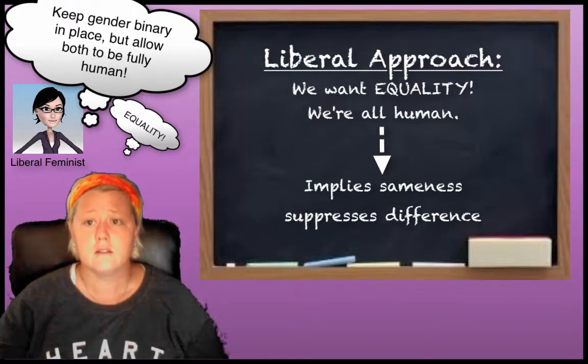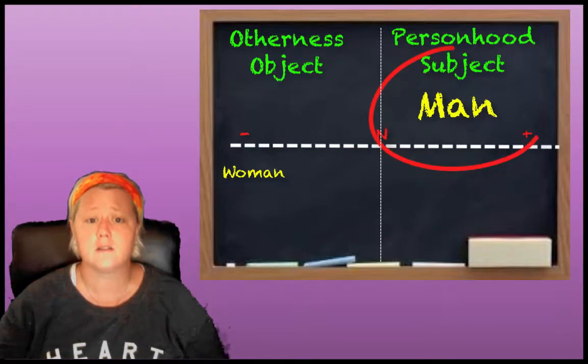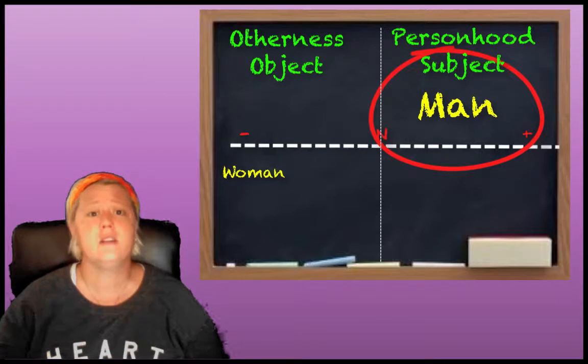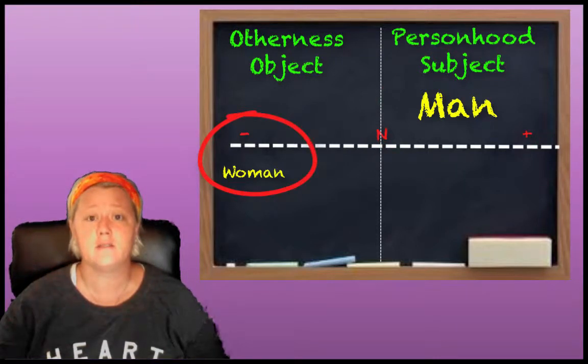Yet, in society, man is seen as neutral and positive, representing humanity and all of its infinite possibility and creativity and wonder. And woman is seen as negative, as other, as inessential. If we deny the conditions under which we become other, we cannot see the problem.